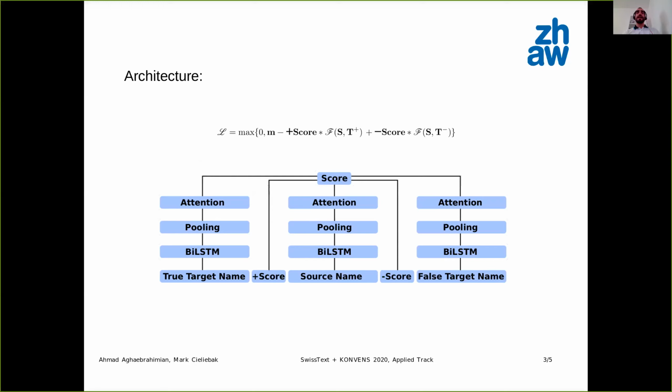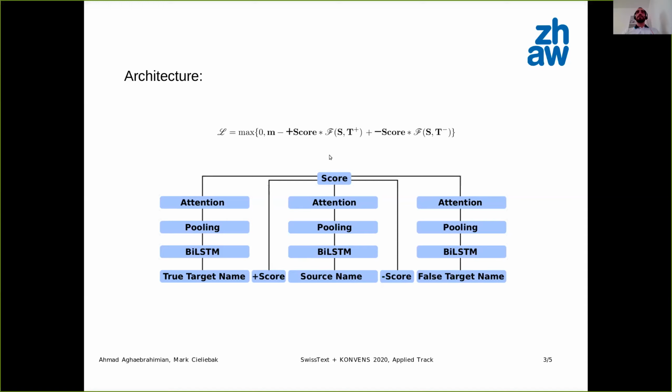In this model, we had two channels, one channel for source name and true target name, and one channel for source name and false target name, both of them associated with their scores. The vectors of the names, which were, like I mentioned, the TF-IDF vectors of n-gram characters of names, traveled through several layers.